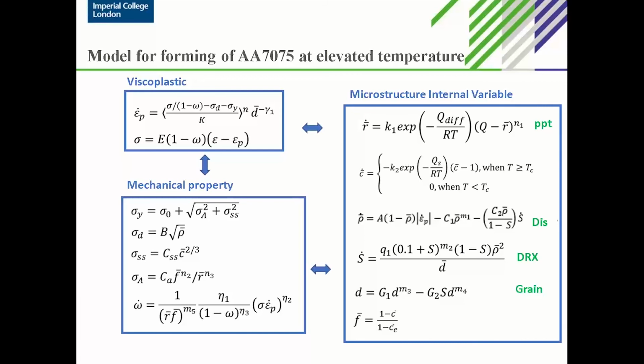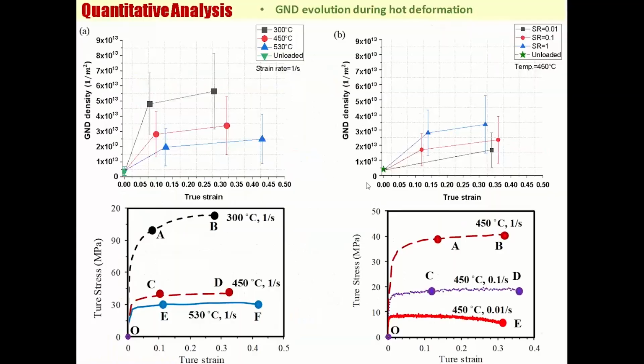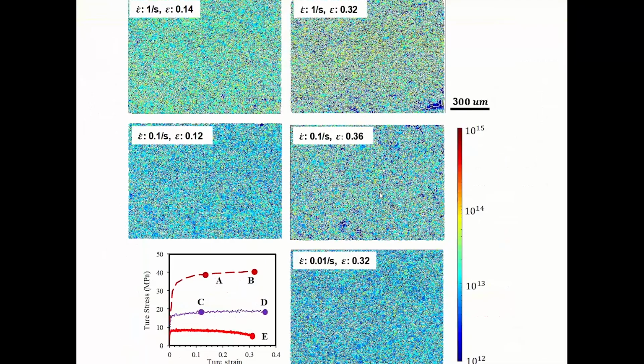So we do have a few more questions here. In sheet specimens, to ensure accurate flow stress computation, do you use a strain gauge in the uniform temperature region?